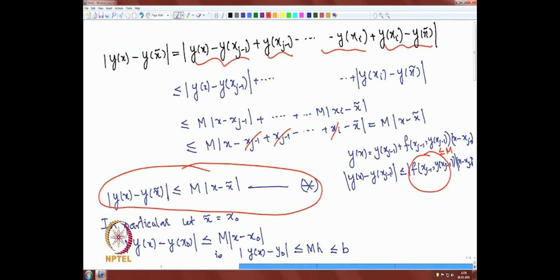So, from star, y(x) minus y(x tilde) is less than or equal to M times x minus x tilde for all x and x tilde in the interval x0 plus h.